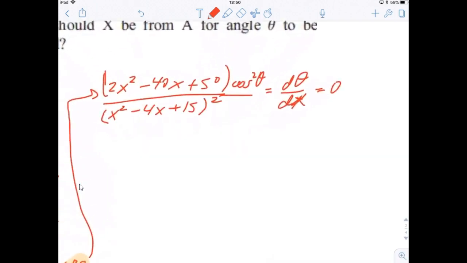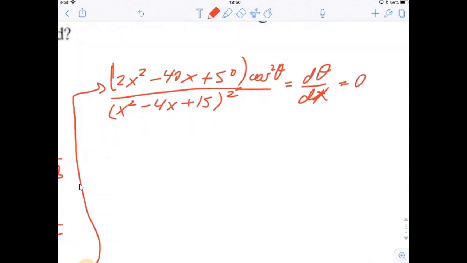Looking at this expression, what would make it 0? Well, one of the things that could make it 0 would be the cosine value. The cosine value would be 0, but what values of theta make cosine 0?